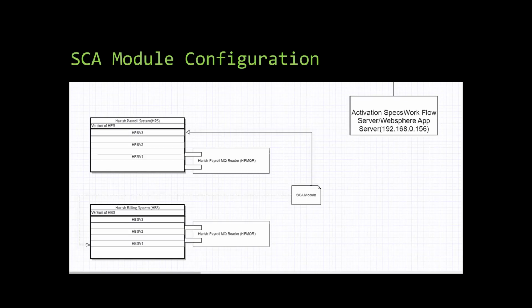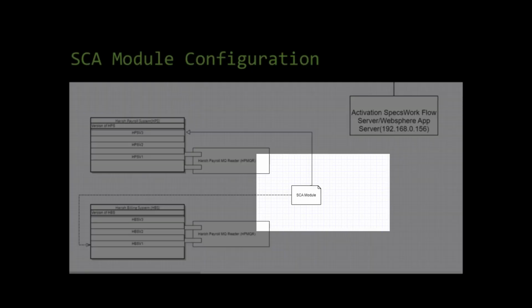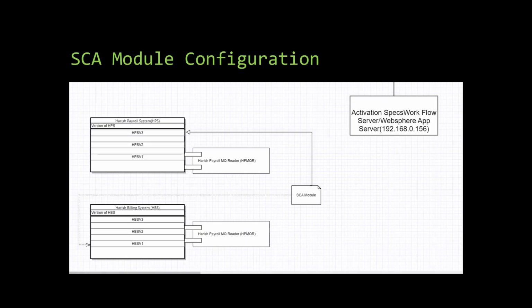And this reader toolkit is associated with an SCA module on the WebSphere application server, and you can update this SCA module so that it points to the snapshot where you want to create the instances.